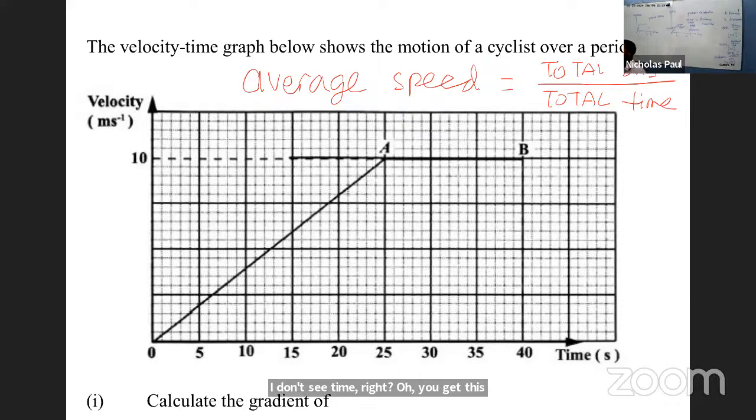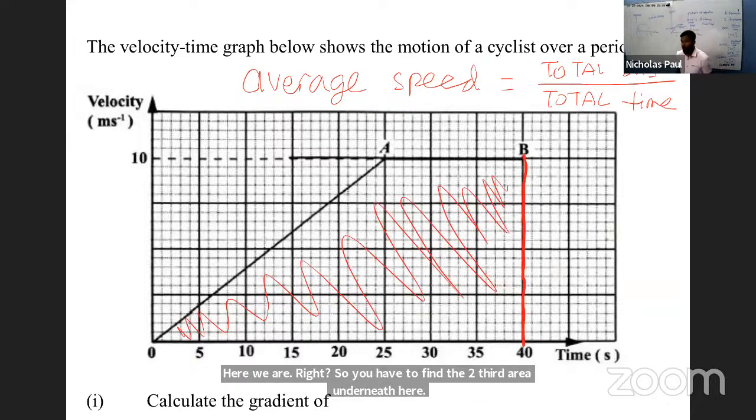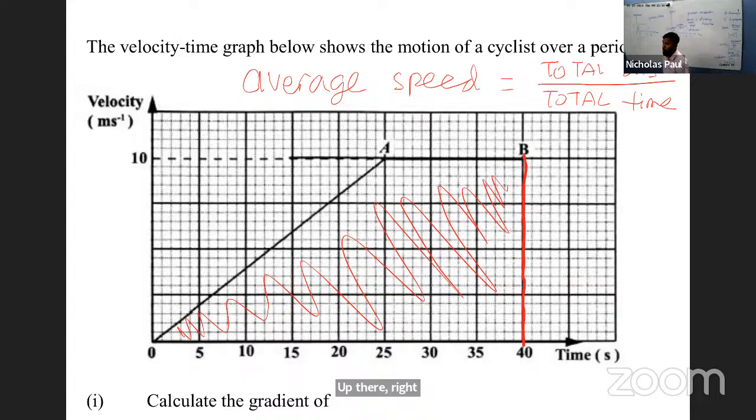The area, right? So you have to find the total area underneath here, up till here, right? What's the total time taken there? 40 seconds.